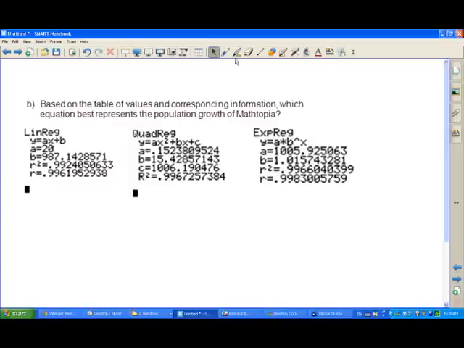Decoding this question, I'm asking you to compare R-squared values. So yes, all these values are very, very close, and they're very, very close to 1, but one of these values is better than any of the other ones, and that would be the R-squared value for the quadratic regression.